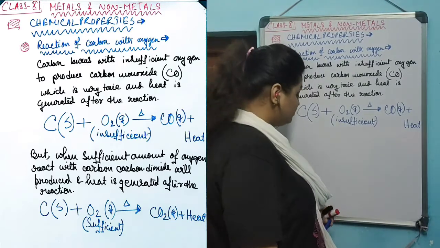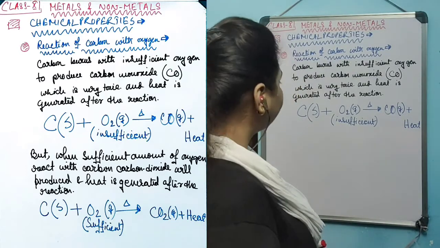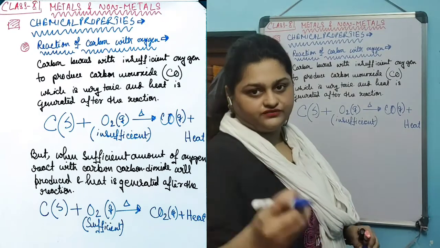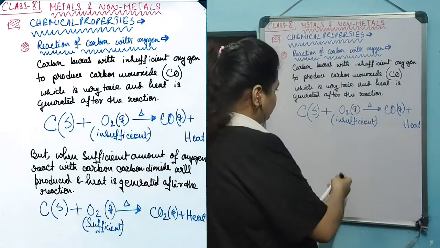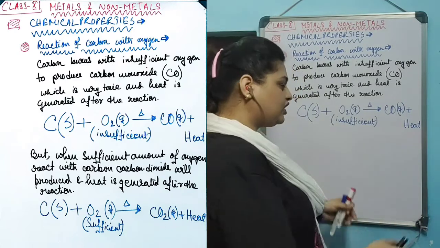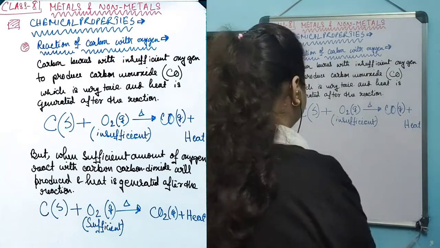When we react carbon with an insufficient amount of oxygen, carbon monoxide is produced.